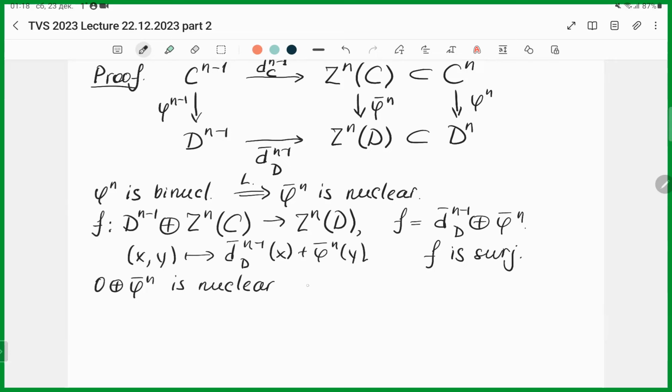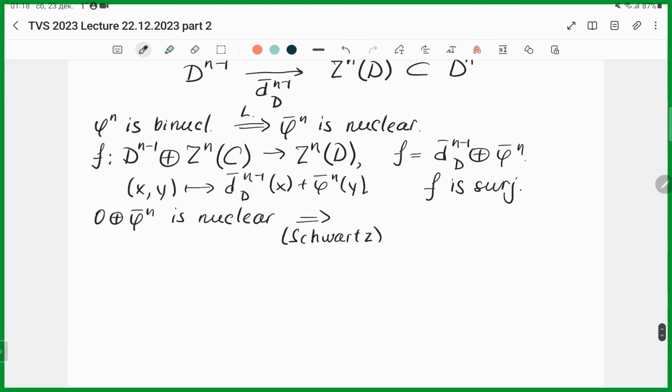So this implies, if we now apply the Schwarz perturbation theorem, that the cokernel of F minus 0 plus phi n bar is finite dimensional.